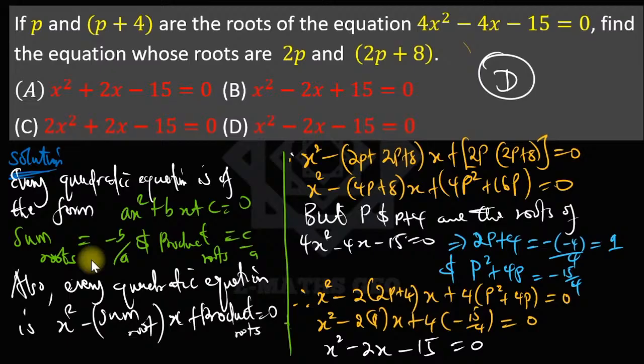We need to know that every quadratic equation is always x squared minus the sum of the roots times x plus the product of the roots equal to 0. And it's also written ax squared plus bx plus c equal to 0, where the sum is minus b over a, and the product is c over a.